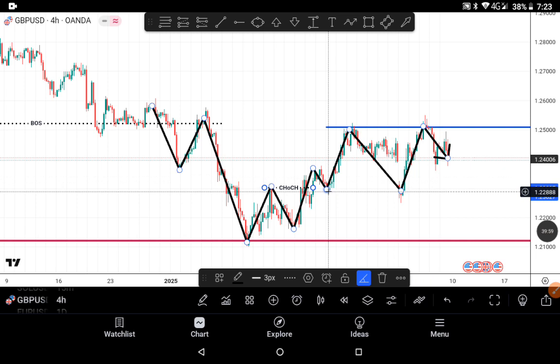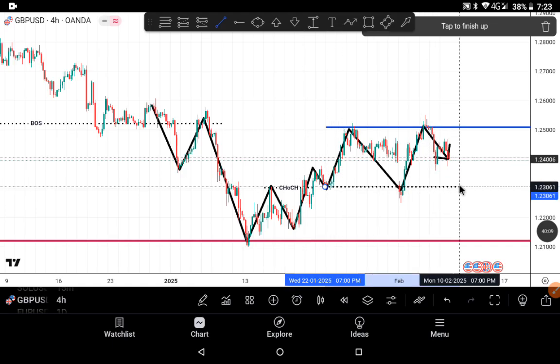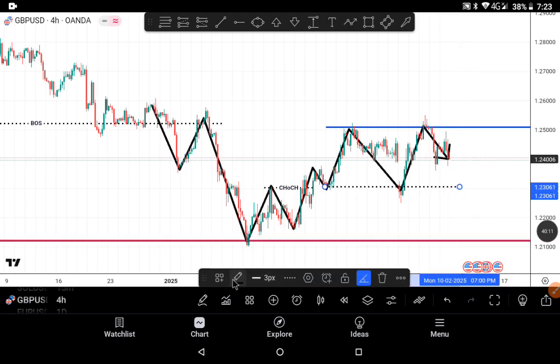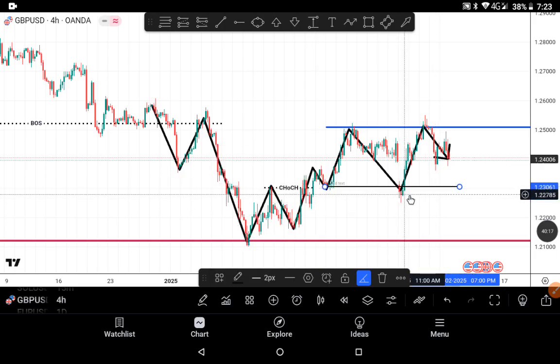And even at this point, at the end of every movement, don't forget the swing low, swing high, the support and resistance. You have your support, so this is going to be a 4-hour support. On this 4-hour support, when the market came back, the previous resistance turned into a support here.